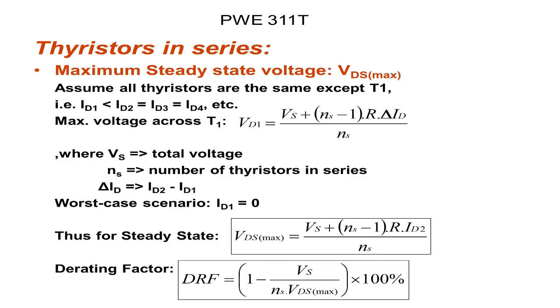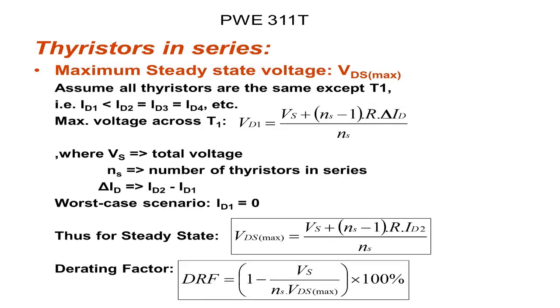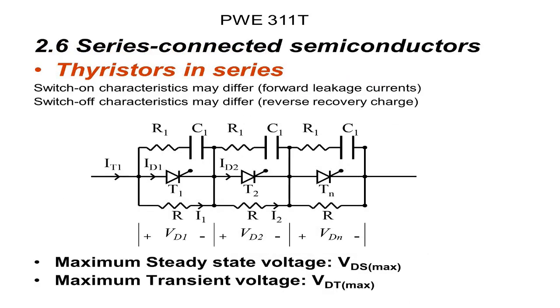Where Vs is our total voltage, now the total voltage from VD1 to VD2 to VDN. Okay? And then Ns is the number of thyristors in series, and delta ID is the difference between the current flowing through the diode 2 and diode 1.